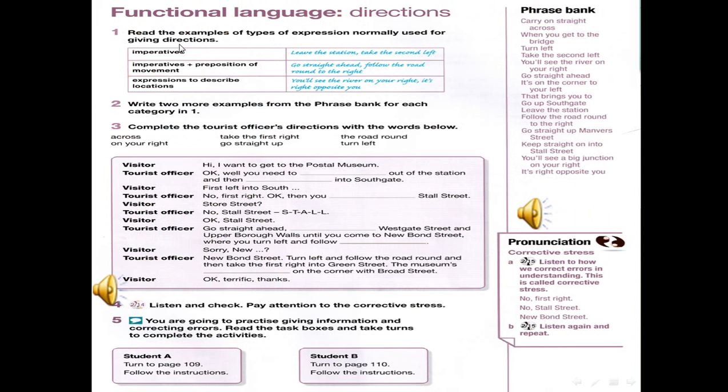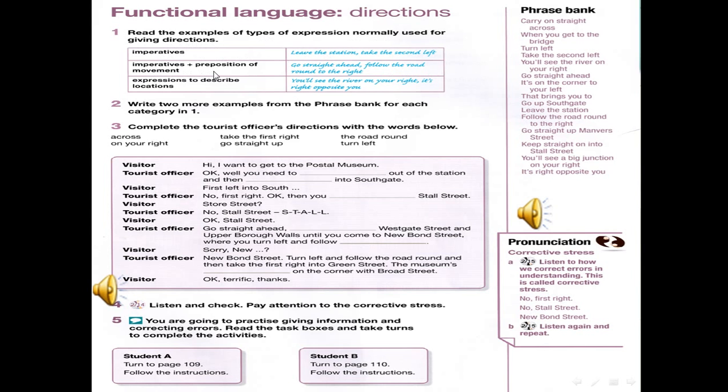Functional language, directions. 1. Read the examples of types of expression normally used for giving directions. Imperatives, we say, for example, leave the station, take the second left.